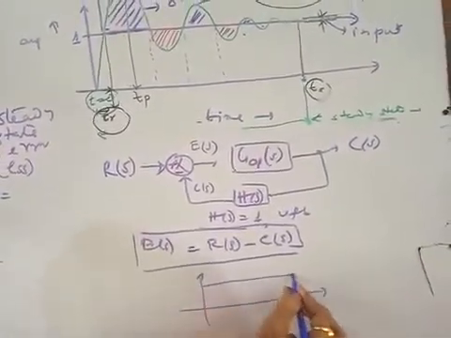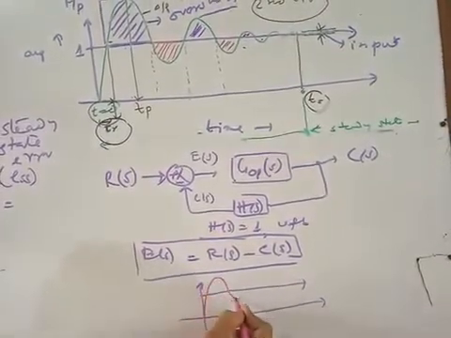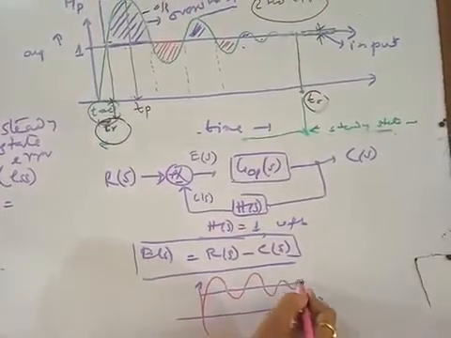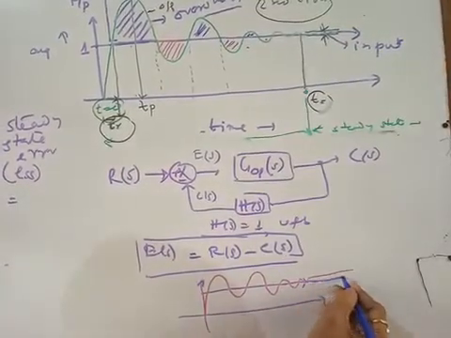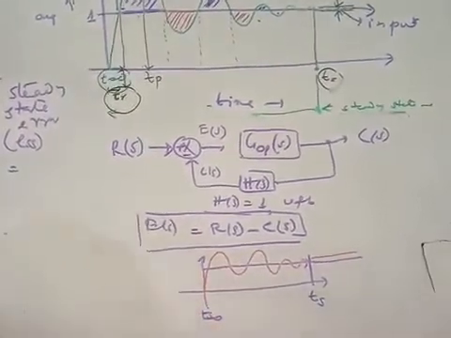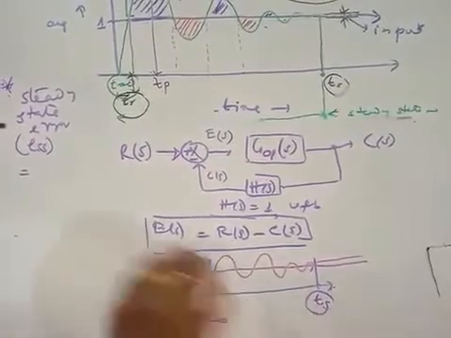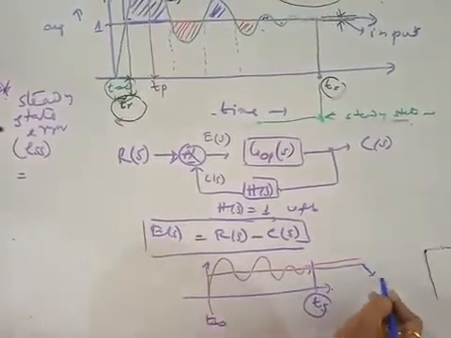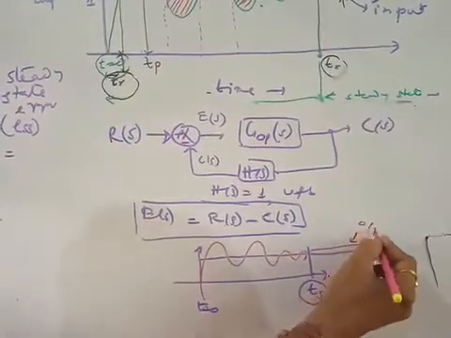Say this is your input and the curve is like this, so this is your TS, T is equal to 0, right? This is your settling time, it reaches the settling band or settles down. This is your input and this is your output.